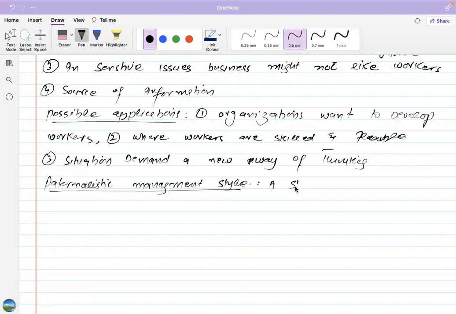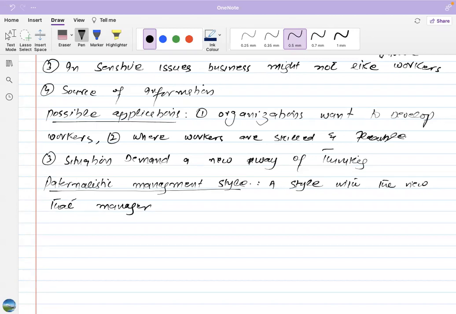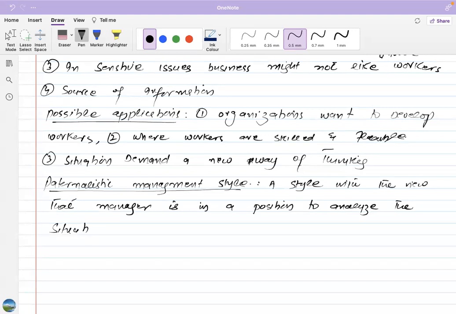A style with the view that the manager is in a position to analyze the situation better, and decide what is better for the organization.